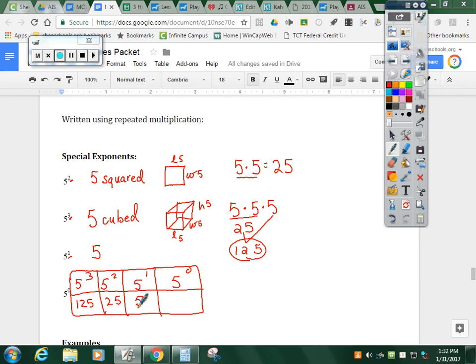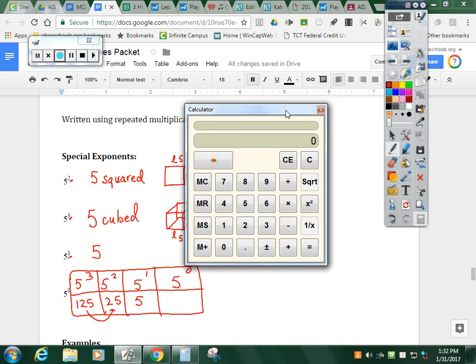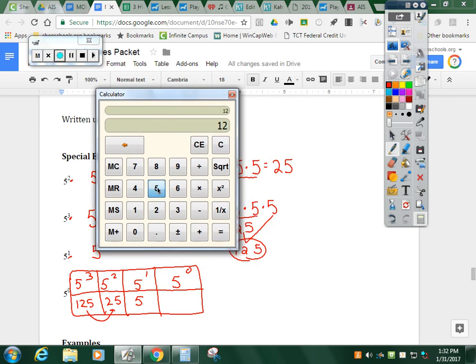Well, if you look, you're actually scaling this down, okay? I want to see what I'm dividing by. So I'm going to take out my calculator. 125 divided by 25. That means I'm doing 125 divided by 5 to get 25. Now, 25, if we did the same pattern, divided by 5 gives you 5.